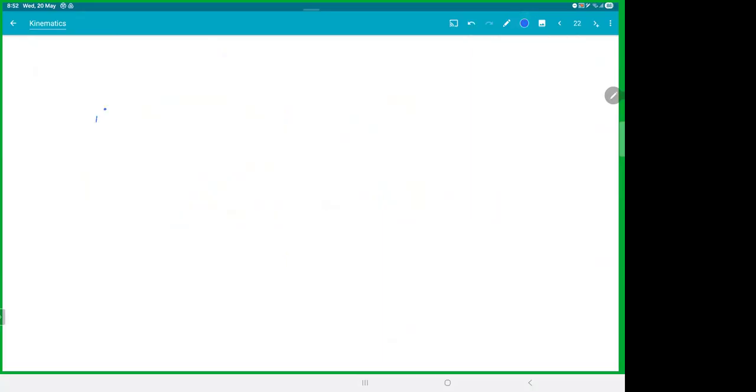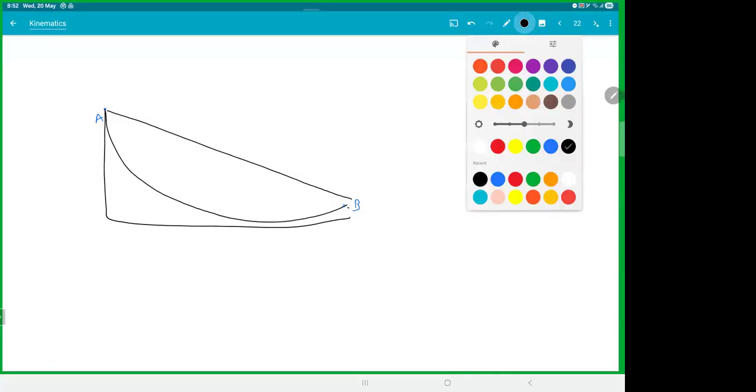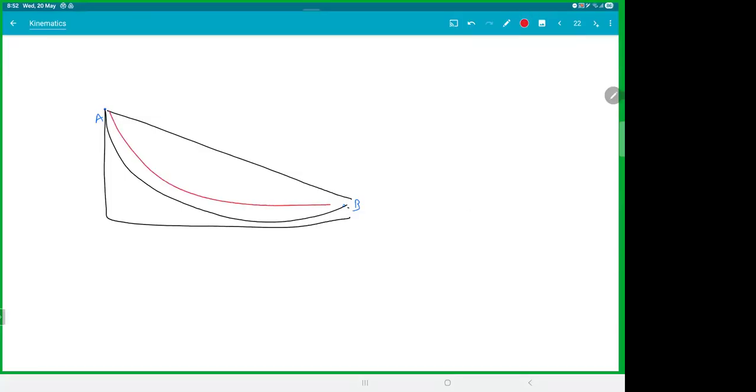If you want to send something from point A to point B, and let's say you design different tracks. Let's say you design a straight track, or a circular track, or a vertical and then horizontal track, or a cycloid track. And when you leave the ball on all these four tracks, the cycloid will reach B in the shortest time.